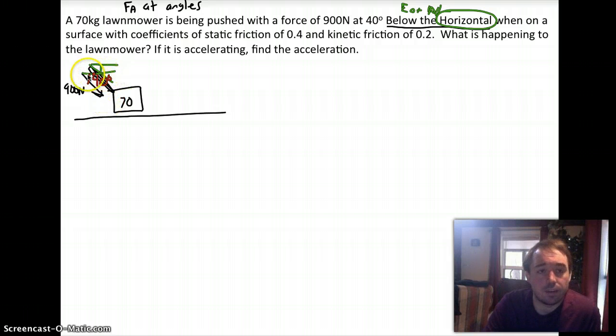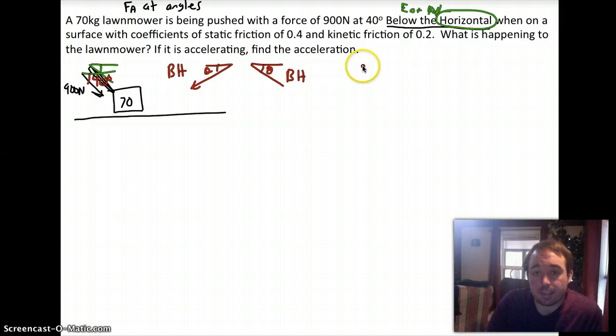So rather than saying south of east, we would say, in this case, below the horizontal. You could do the same thing. Below the horizontal would also be that angle. It's not really a very descriptive way of giving a true direction, but usually we just assume the motion is to the right. It kind of just makes things easier because to the right is positive. So both of these would be BH, or below the horizontal.